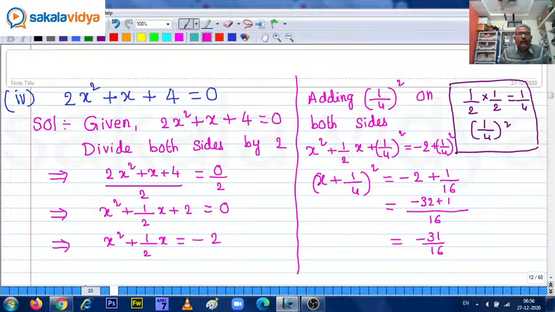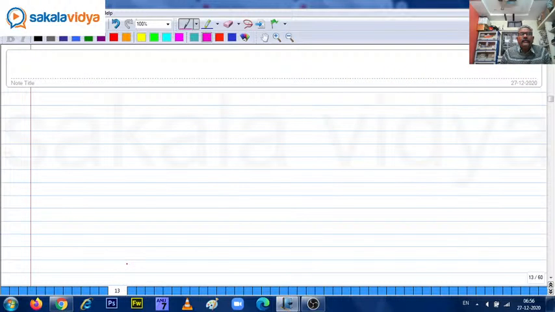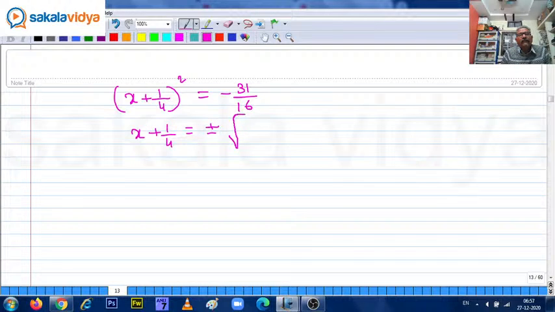Right. Now we get x plus 1 upon 4 whole square equals to minus 31 by 16. X plus 1 upon 4 equals to plus or minus square root of minus 31 by 16. The square root of a negative number is actually not a real number.